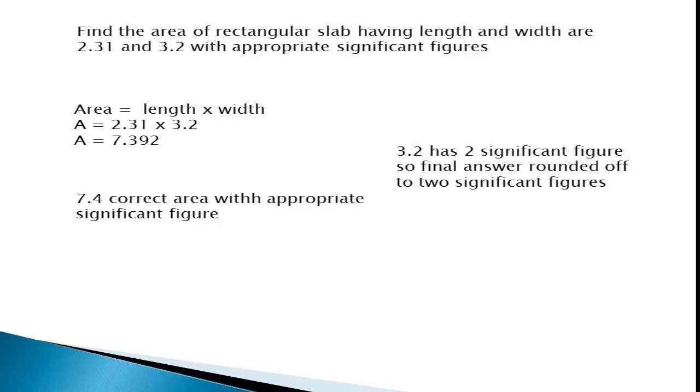We have to round it off to the least number of significant figures. 3.2 has 2 significant figures, and 2.31 has 3 significant figures, so the least is 3.2. So the final answer must be rounded off to 2 significant figures. The final answer will be 7.4 instead of 7.392.